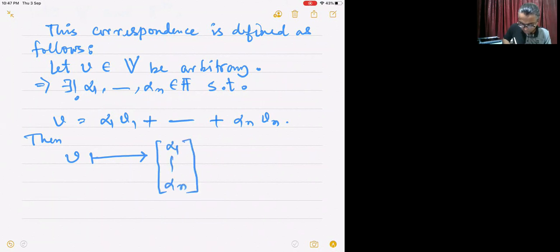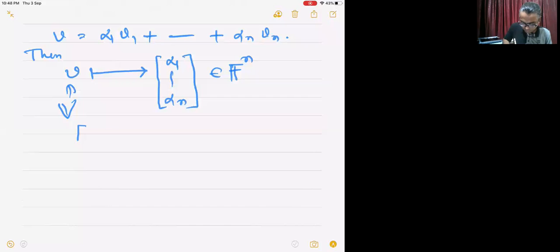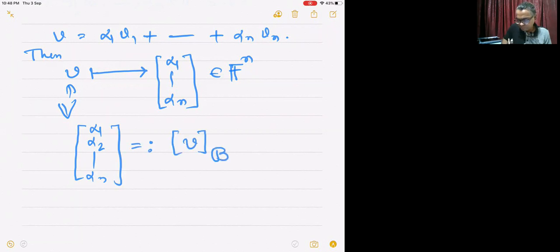This is an element in F to the n, its correspondence. This vector alpha 1, alpha 2 dot dot dot up to alpha n will also be denoted by [v]_B. This means it is a representation of v under the ordered basis B.